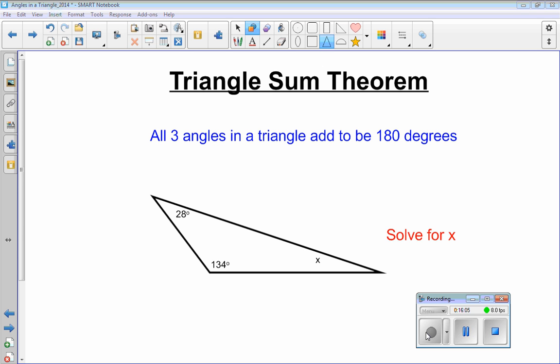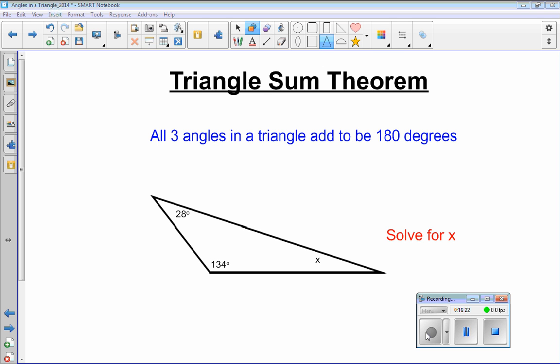I'm going to rip off all the angles. Do you agree I did that? I ripped off all the angles, right? So now what I'm going to do is make them so that they equal 180. Get my tape together.